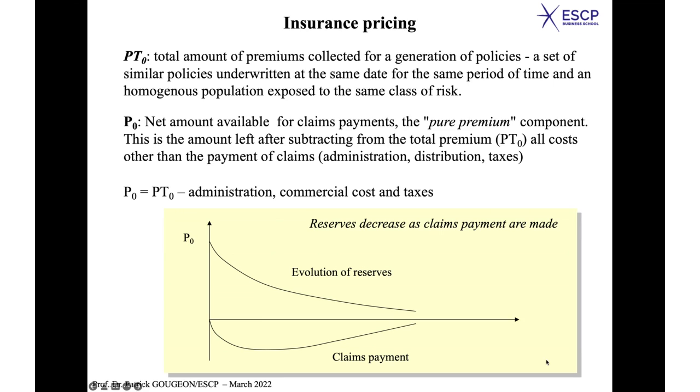So on this graph, what do you see? You see the evolution of reserve, which is decreasing. Why is it decreasing? Just because day after day you are paying claims. So you have the claims payment, which explains why the reserves are declining.